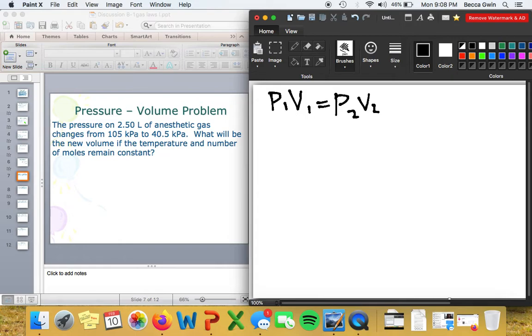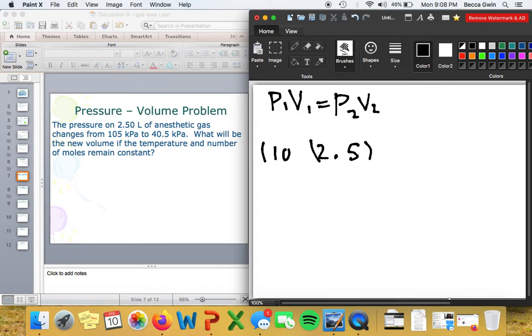From there, I just have to distinguish what's my first pressure, what's my second pressure, and what's my first volume. So in this case, the first value is 2.5 liters. I'm going to leave out the units in all of these because it's kind of annoying to use this system, but in your notes and homework, you can include all those units.